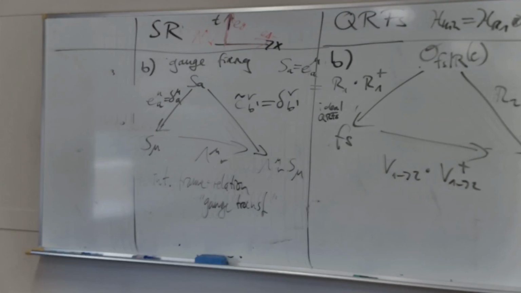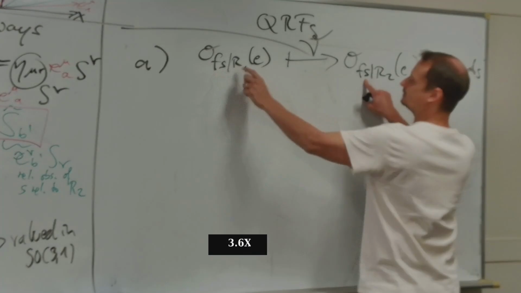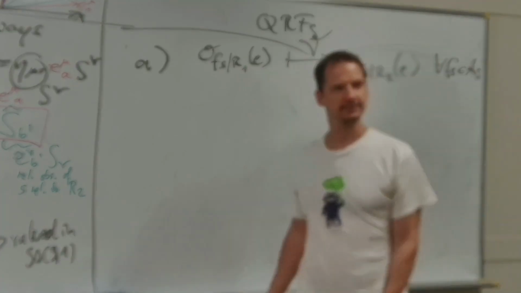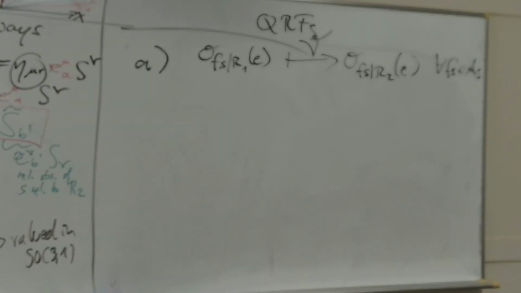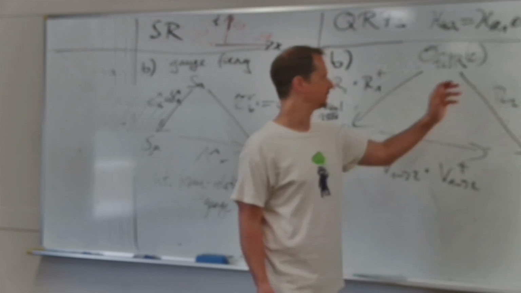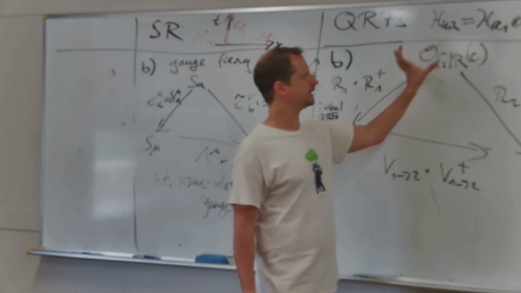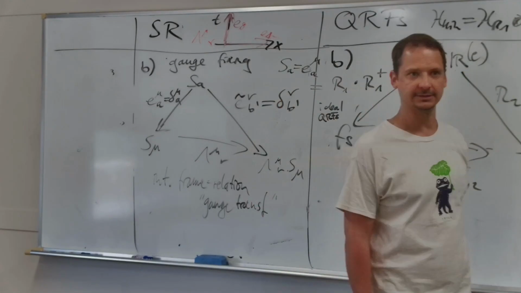Here the F_S is the same, but R1 and R2 are very different. So it's a change of relational observable. Whereas this here is not a change of relational observable, it's one and the same gauge invariant observable that I'm gauge fixing in different points.